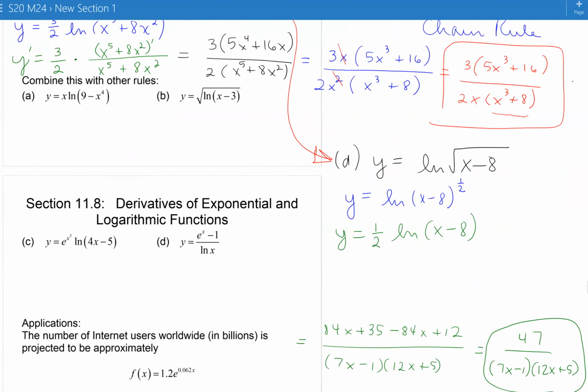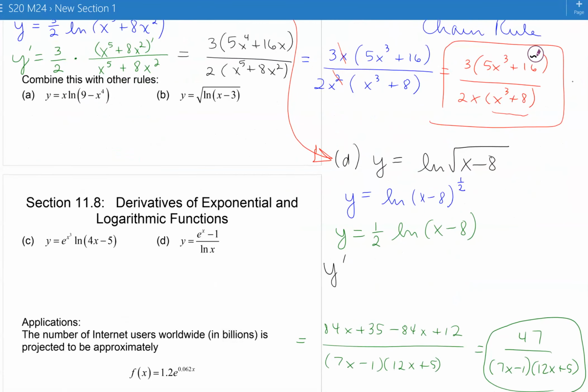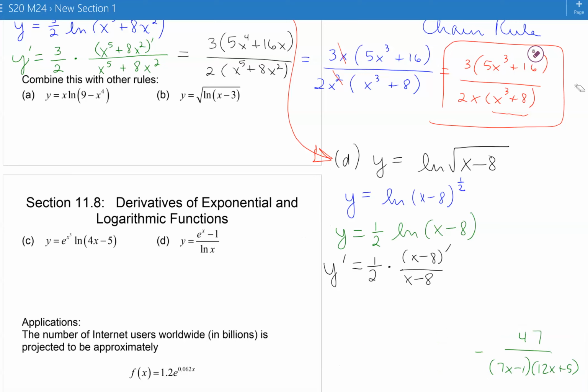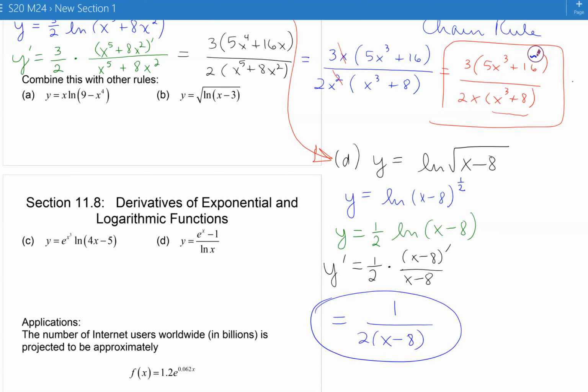Now we're ready to do the derivative. Y prime is 1/2 times the derivative of x minus 8 over x minus 8. So that's going to be 1, because the derivative of x minus 8 is 1, over 2 times x minus 8. So there's my derivative.